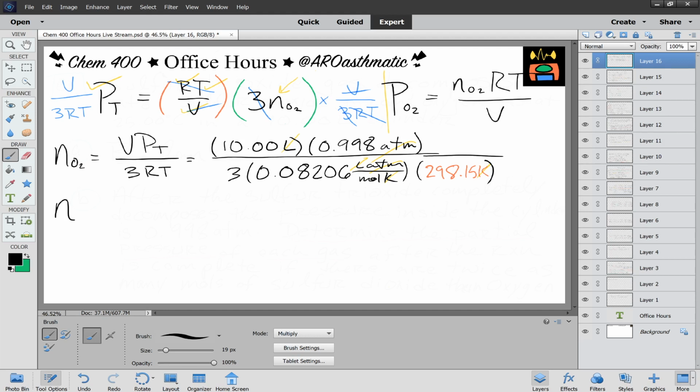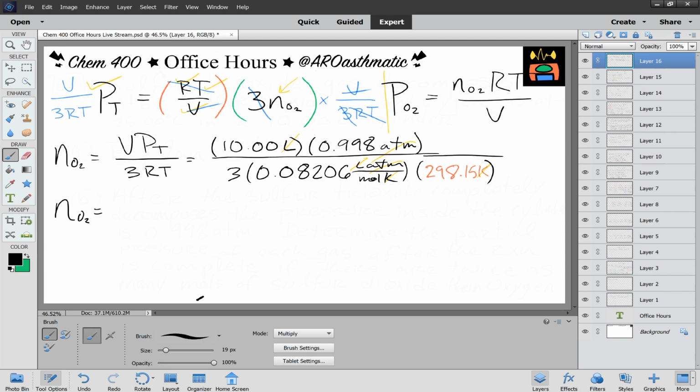Okay, so we are now crunching our numbers, solving for moles of O2. So we have 10 liters times 0.998 divided by 3 divided by 0.08206 divided by 298.15.